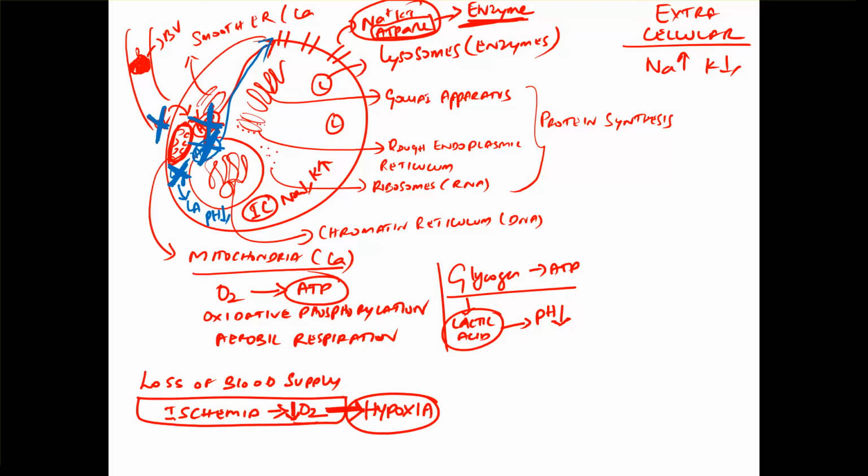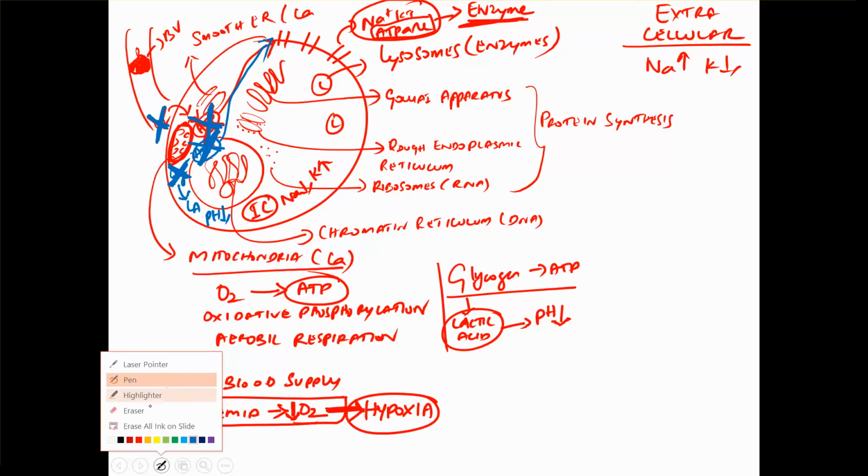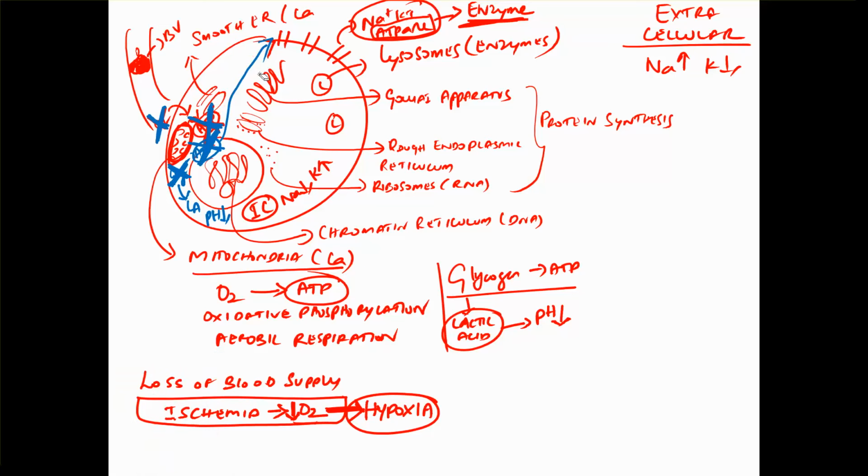Now the sodium potassium channel is not getting any ATP, so the channel is opened up. Because of the higher concentration of sodium outside, all the sodium enters into the cell.